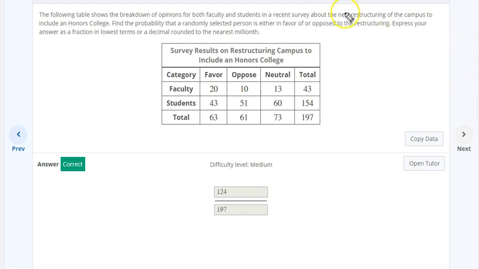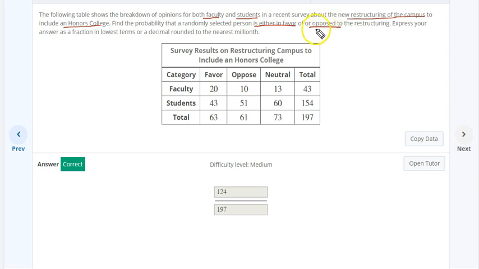It's similar to what we've done already. We have a table. We're going to have faculty and students surveyed about restructuring the campus to include an honors college. Find the probability that a randomly selected person is either in favor or opposed. Now, they're not distinguishing between faculty and students.